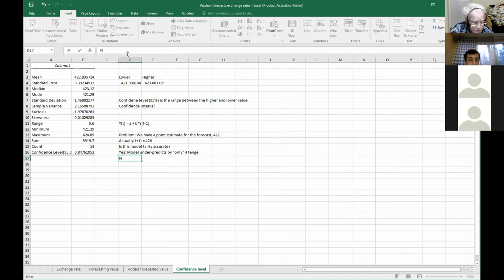Or somebody might say, no, this model is not accurate because it underpredicts by 4 pennies. And that's a lot.